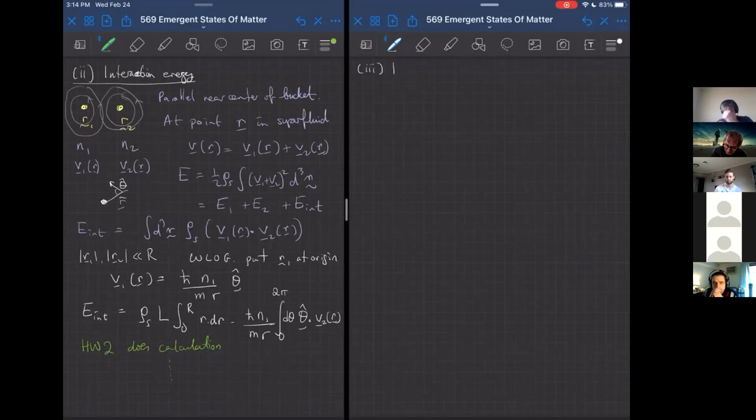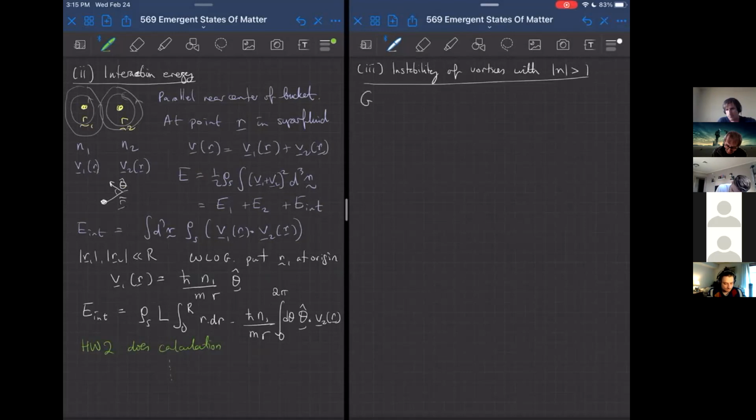So what we're going to look at in the next section is the instability of vortices with n greater than 1. So the same idea as we had previously, but now taking into account the interactions.